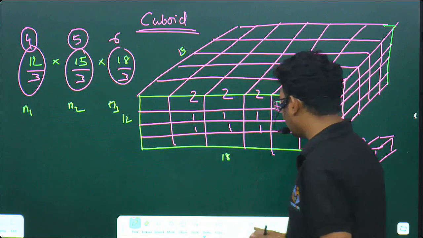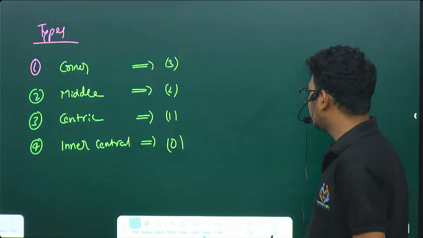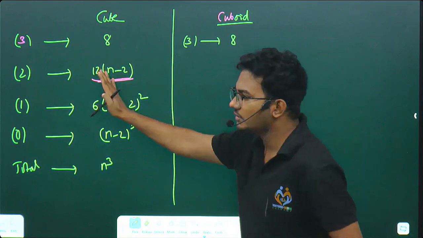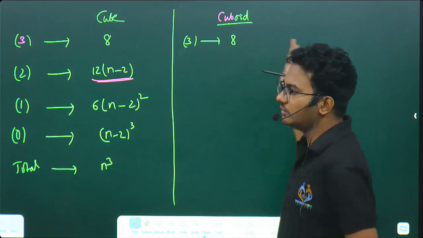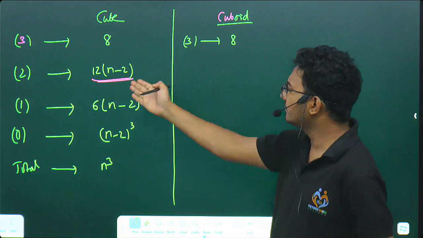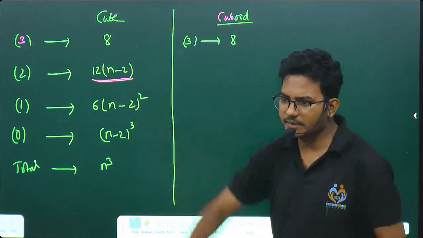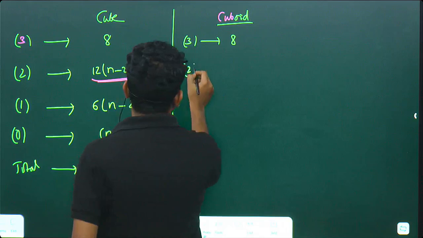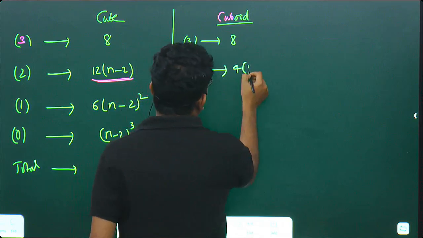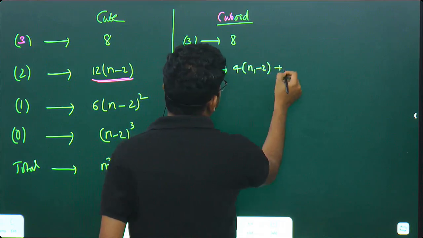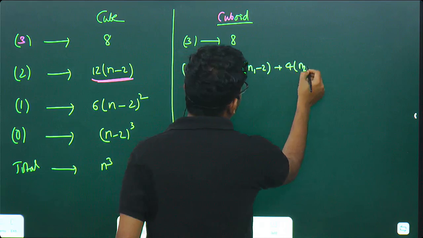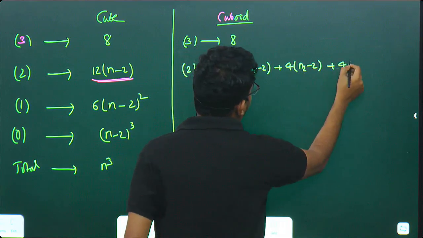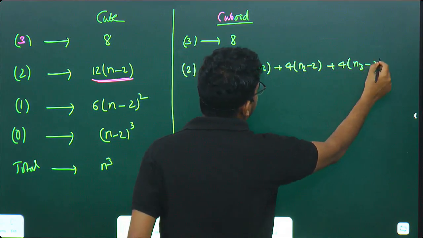So here we'll divide this formula into N1, N2, N3. Simply 12 divided into 3 parts: 4, 4, 4. So here the formula will be 4 into (N1 minus 2) plus 4 into (N2 minus 2) plus 4 into (N3 minus 2).